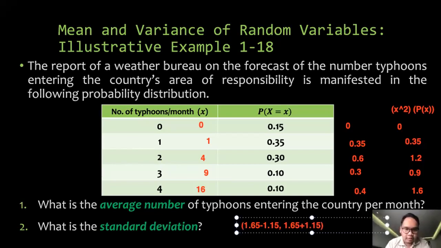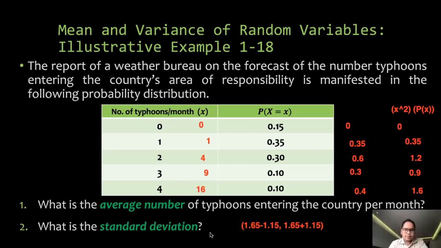We are expecting 68% of the time the number of typhoons will fall within these numbers, from 0.5 to 2.8.